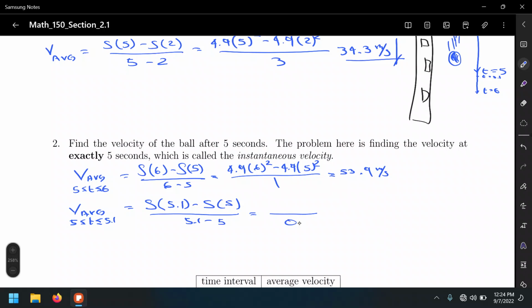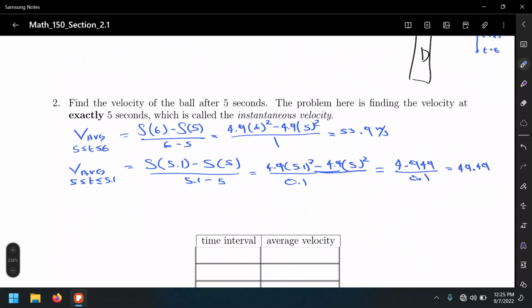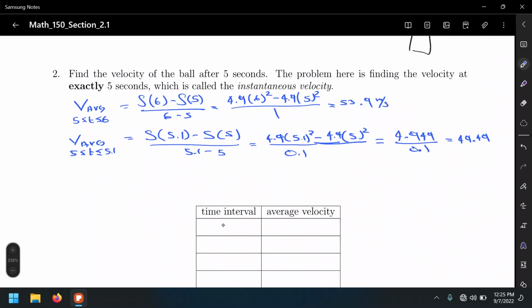That means, in the denominator 0.1, and we're going to have 4.9 times 5.1 squared minus 4.9 times 5 squared. In the numerator, we should get 4.949 over 0.1. If we divide these two numbers, we should get 49.49. All right? Okay, let's list those over here. So that's the time interval 5 to 5.1.